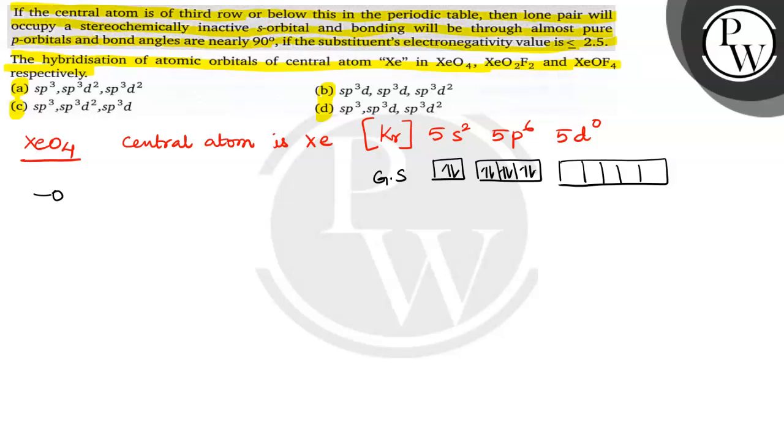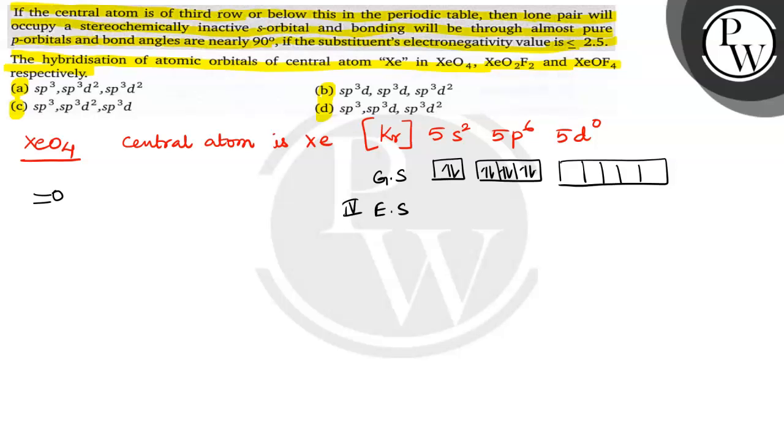Oxygen forms 2 bonds with xenon. So 4 oxygens form 8 bonds with xenon. So to form 8 bonds, it requires 8 unpaired electrons. But in the ground state, there is no unpaired electron. All are paired. So it undergoes fourth excited state.